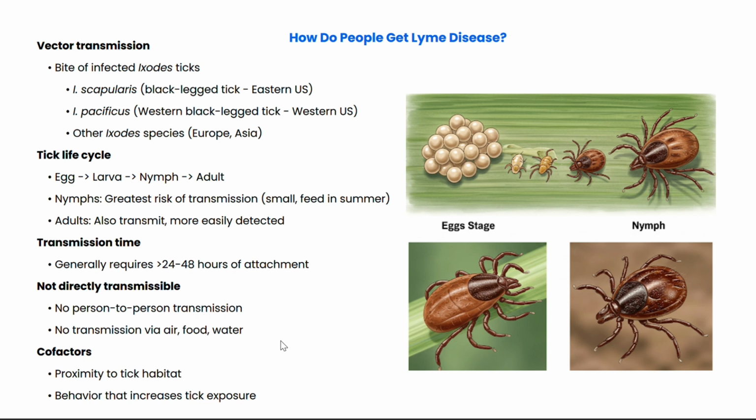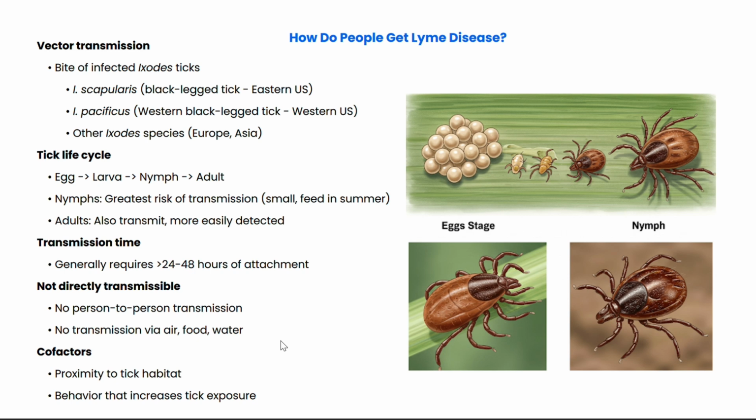To understand transmission, it's helpful to know the tick life cycle, which consists of four stages: egg, larva, nymph, and adult. Nymph stage ticks pose the greatest risk of transmitting Lyme disease. They are very small, about the size of a poppy seed, making them difficult to detect.